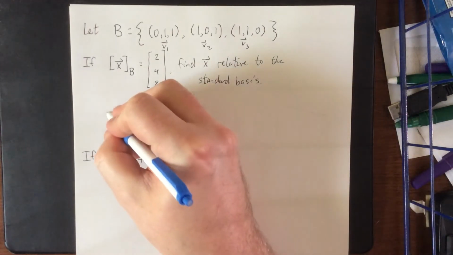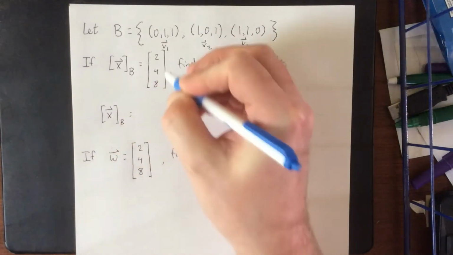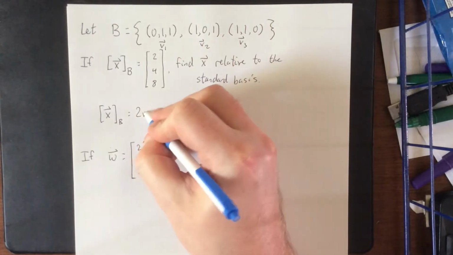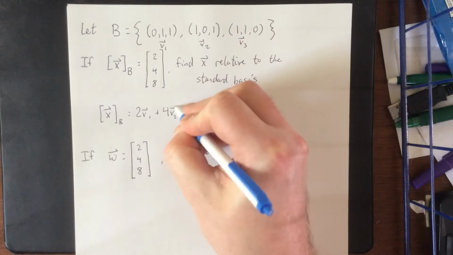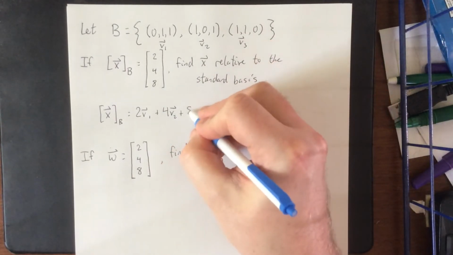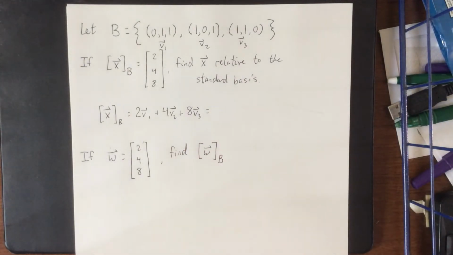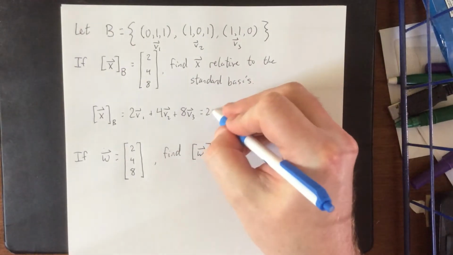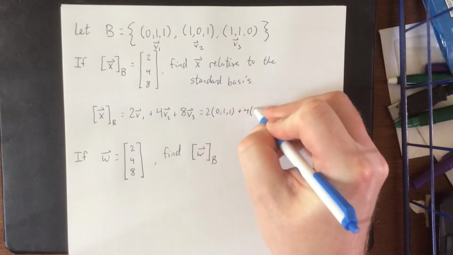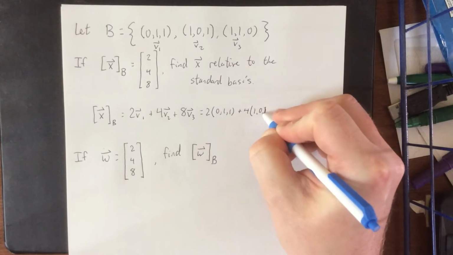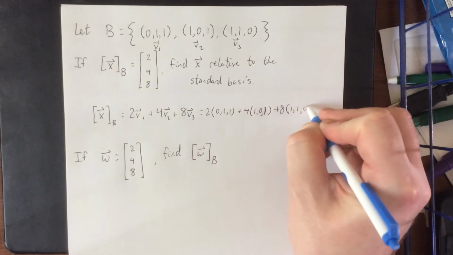The interpretation that we can give to x relative to the basis B is that we are taking 2 of the first vector, 2v1, 4 of the second vector, 4v2, and 8 of the third vector, and adding them together. Now to actually write this out, this will be 2 times the vector 0, 1, 1, plus 4 times the vector 1, 0, 1, and 8 times the vector 1, 1, 0.